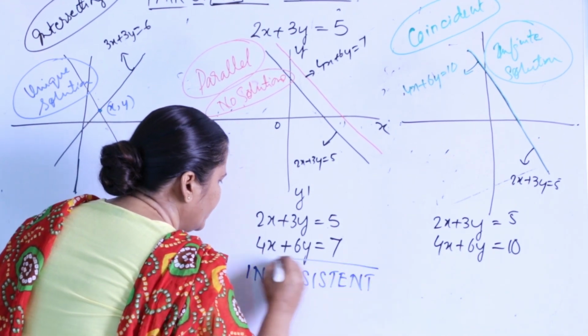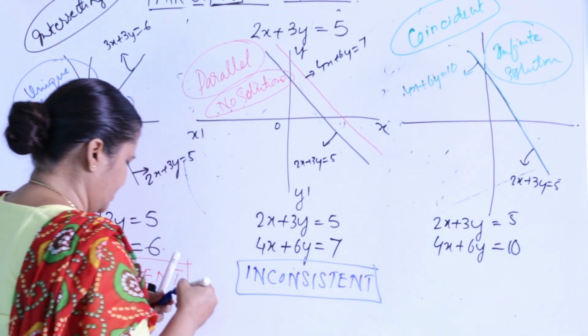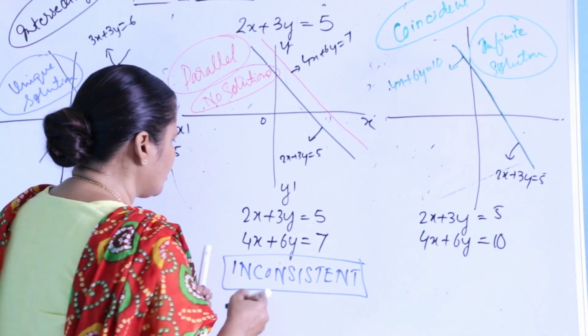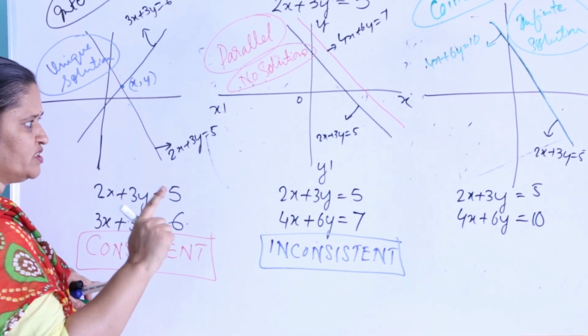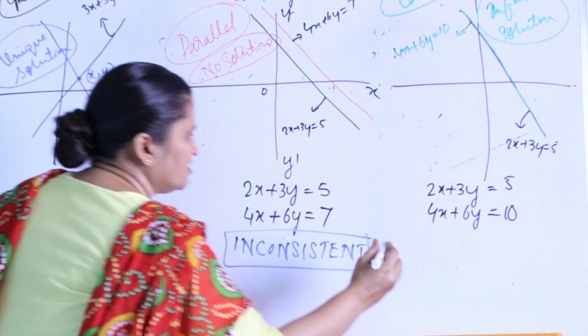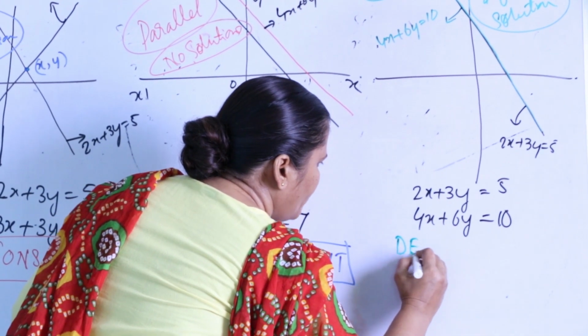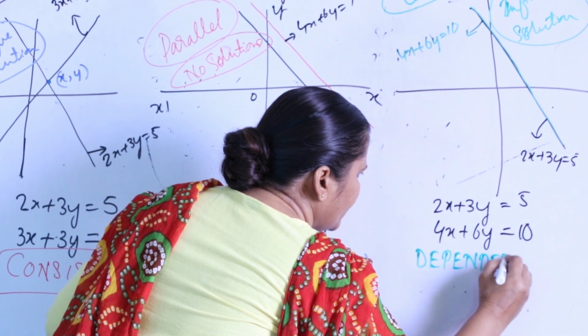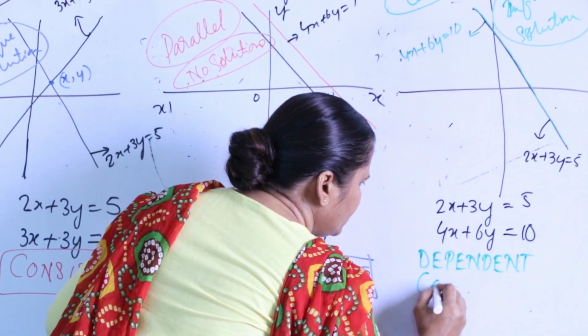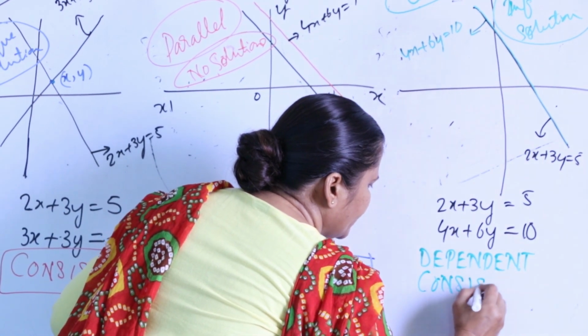They are called inconsistent lines. And what are these called? Yes, consistent with one solution. With many solutions, we get dependent, consistent. We call the lines dependent, consistent.